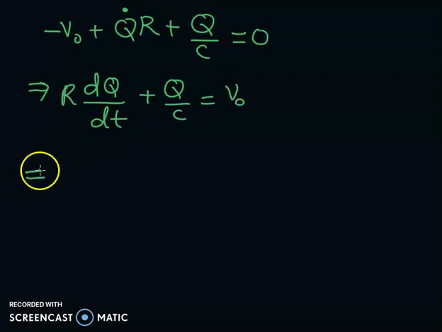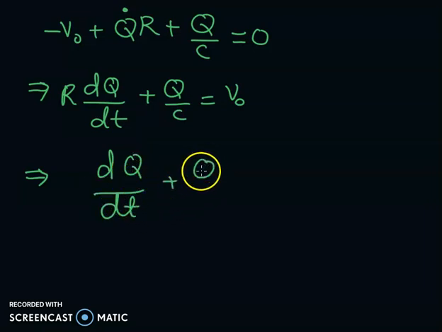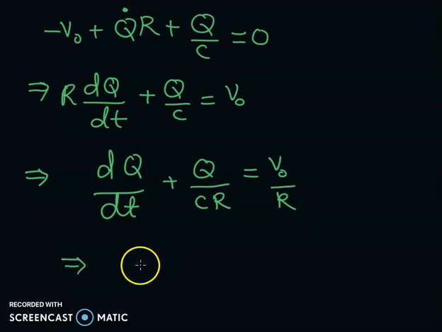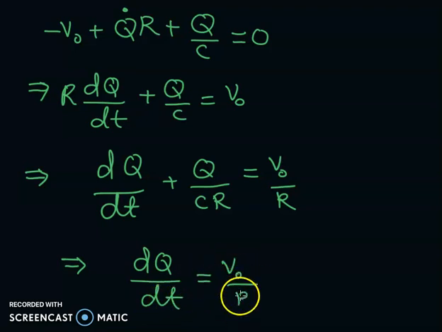Or we can modify it more to write dQ/dt plus Q over CR equal to V0 over R. Or we can write it in this form: dQ/dt equals V0 over R minus Q over CR.